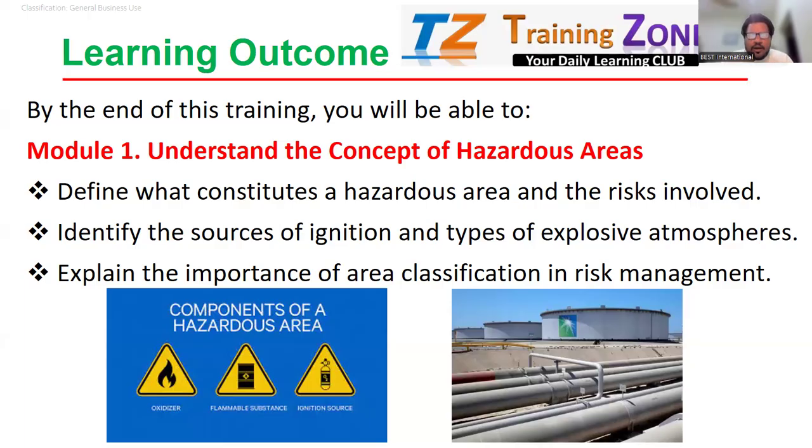So, can you give some examples of explosive atmosphere? Have you ever heard the fire triangle or fire tetrahedron, or at least the fire triangle? How fire started up, or what is a fire?